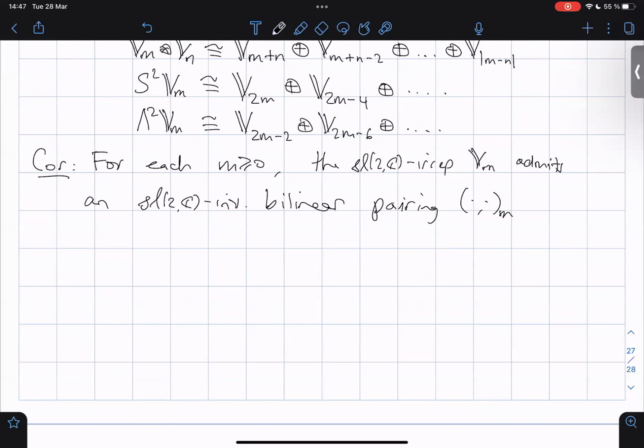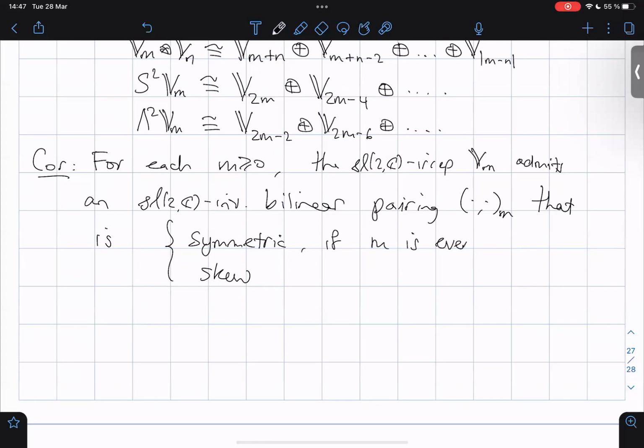V_M tensor V_M to C that is symmetric or skew symmetric, depending on the parity of M. So if M is even, then there's a symmetric one. If M is odd, then it's skew symmetric, and in fact this is going to be unique up to scale.